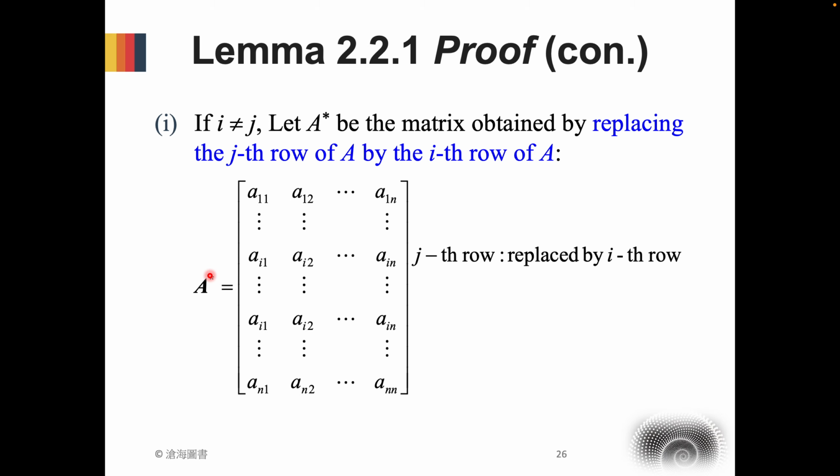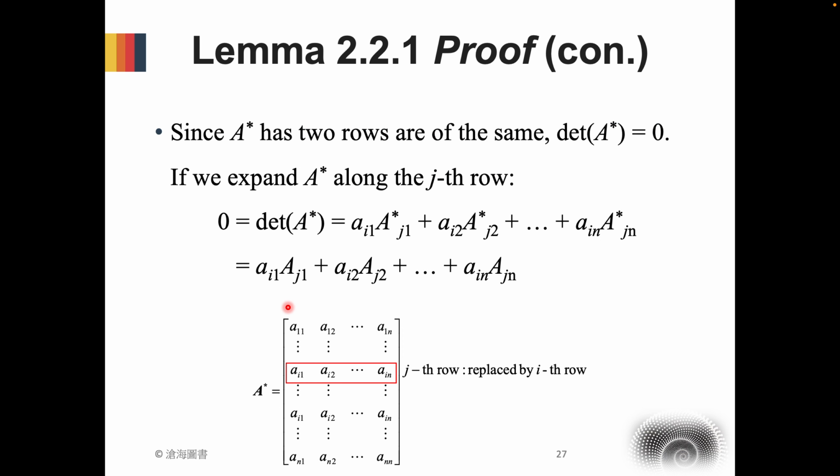So we would like to calculate the determinant of A star. Because A star has two identical rows, and according to the property we have mentioned before, we know that the determinant of A star is equal to 0, right?